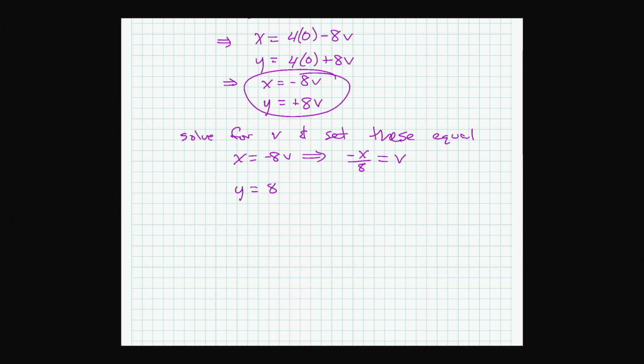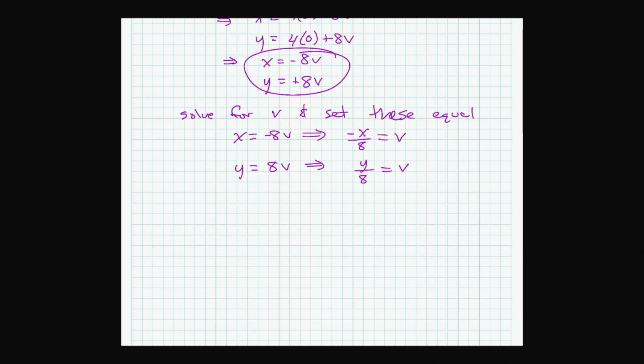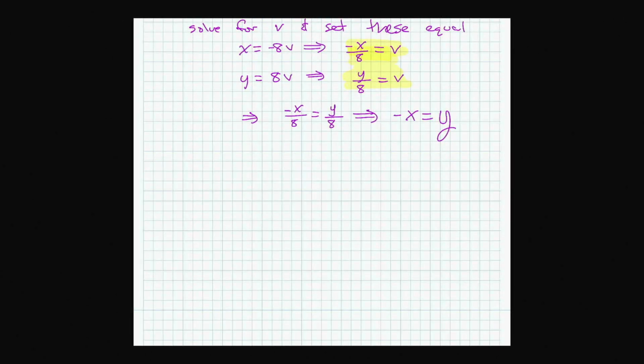And if y is positive 8v, then y over 8 equals v. Now that they are both equal to v, you can set them equal to each other and say negative x over 8 equals y over 8. Or if you multiply both sides by 8, negative x equals y. Okay? And where is that?